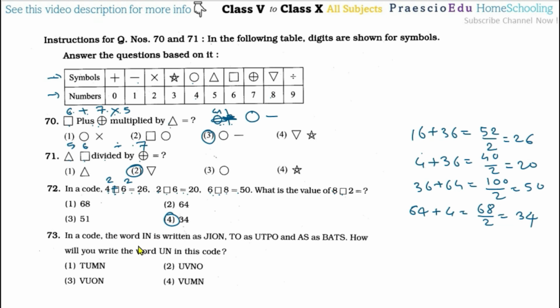In a code, the word IN is written as JION.